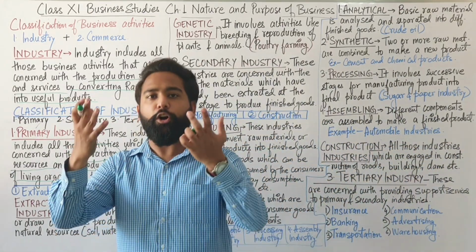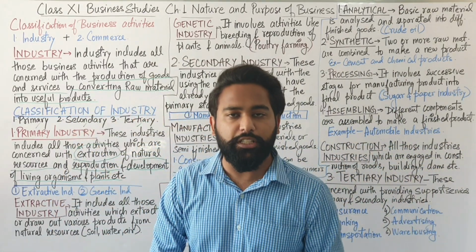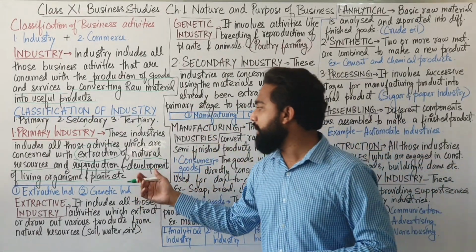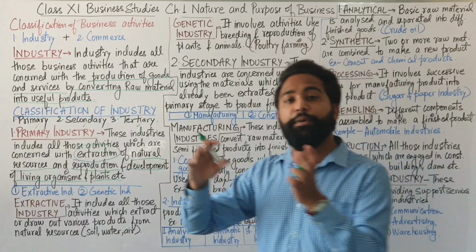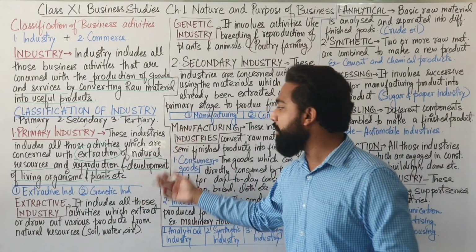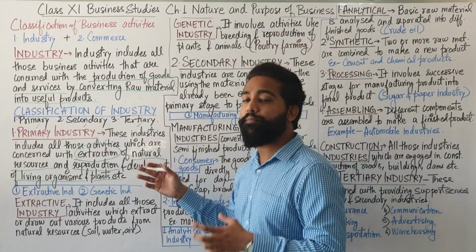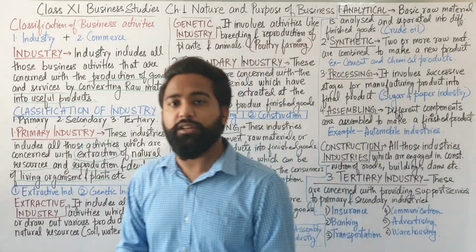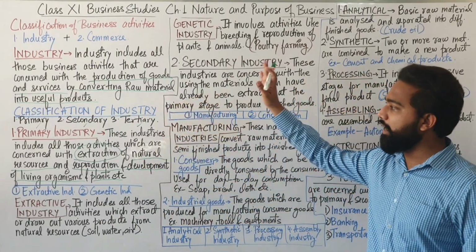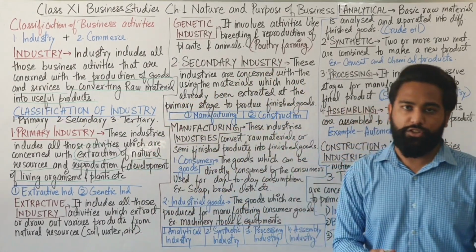So under the primary industries, we extract all the minerals, resources from the underground, from the soil, or we indulge in the breeding of cattle and animals and development of living organisms and plants, the vegetation, the agricultural products. All those things come under the primary industries.